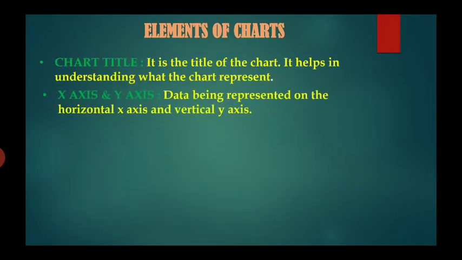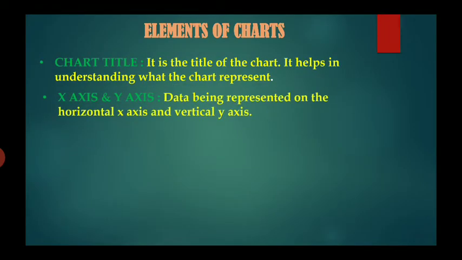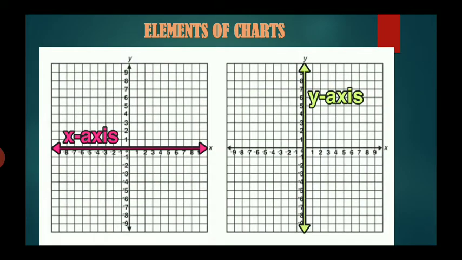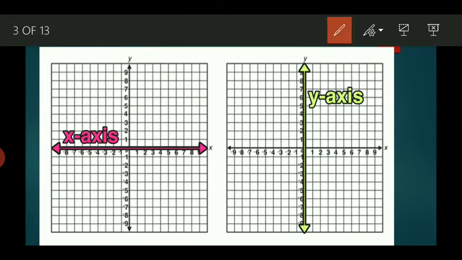The next element is the x-axis and y-axis. Data is represented on the horizontal x-axis and the vertical y-axis. Now if you see the elements of the chart, you can see one is the x-axis and one is the y-axis. This horizontal axis is called the x-axis, and the x-axis is divided into two parts.